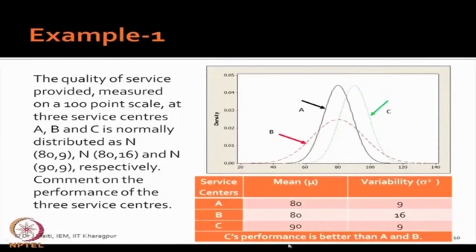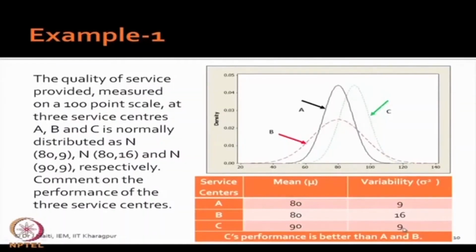The mean value is 90 and it is quality of service provided. On a 100-point scale, the higher the value the better the process. But parallelly you see the variability is 9. So both from the mean point of view it is at the higher level and from the variability point of view it is at the lowest level when you compare the 3 processes.